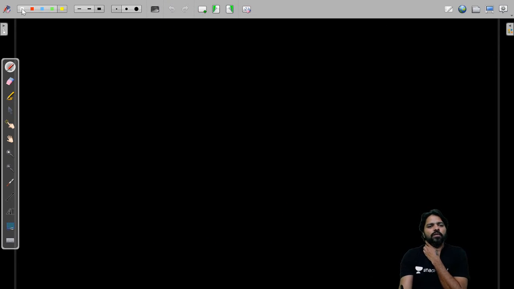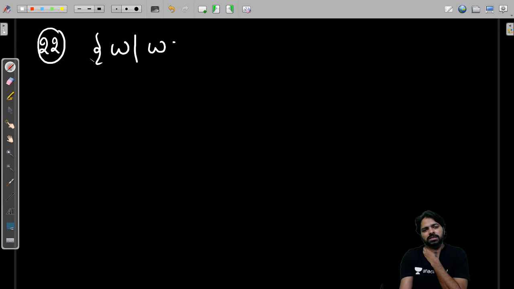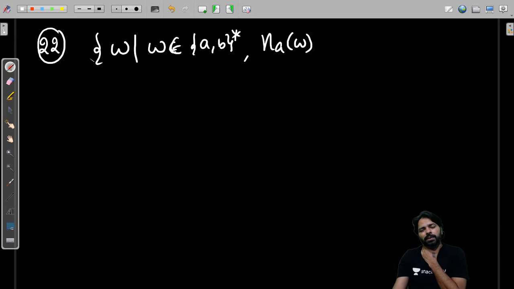Now very interesting languages are going to come. W such that W belongs to A comma B whole star, number of A's of W is, let's say, odd first. Odd is easy, guys.